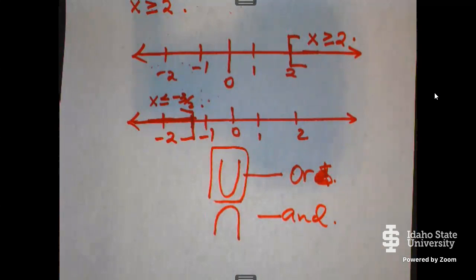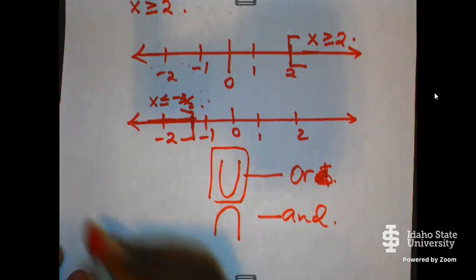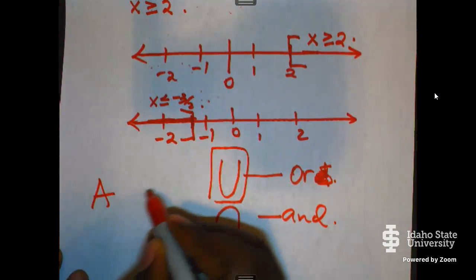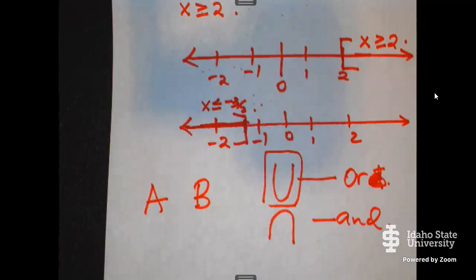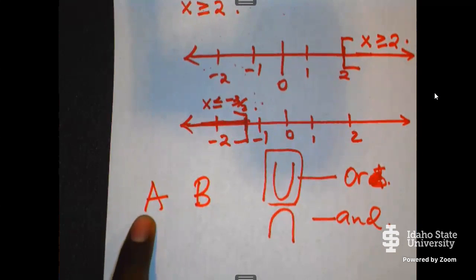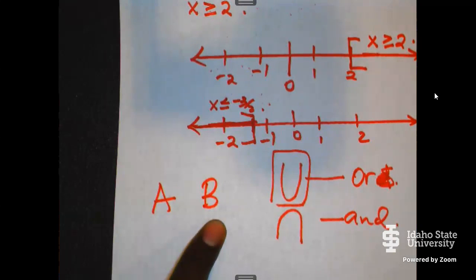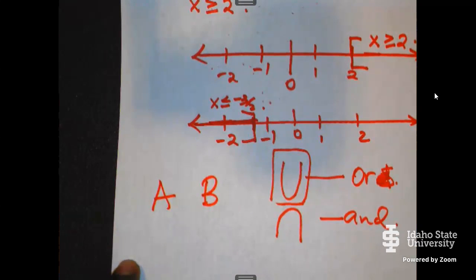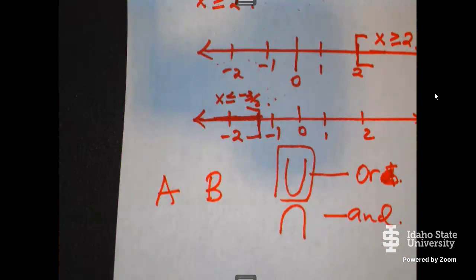The values which, what can I say? Let's say we have A, B. There are elements which are in A and there are elements which are in B. So for the union, these are the elements which are in A and the elements which are in B and the elements which are in A and what? And B. So that one is OR.